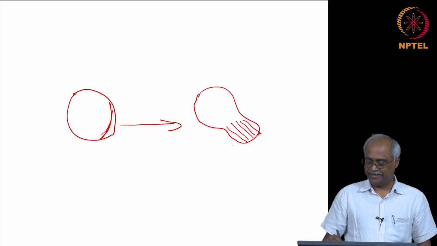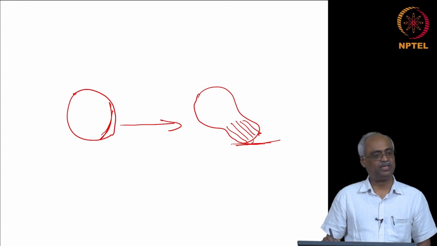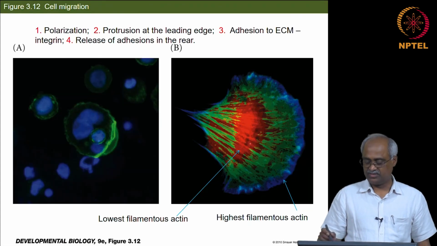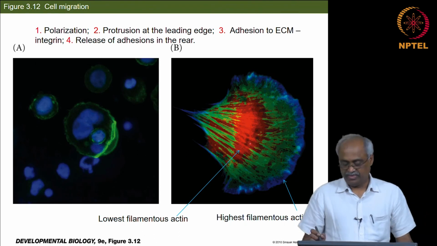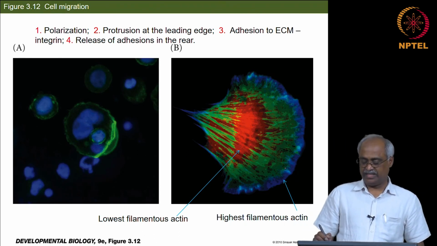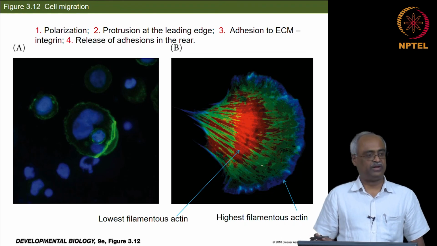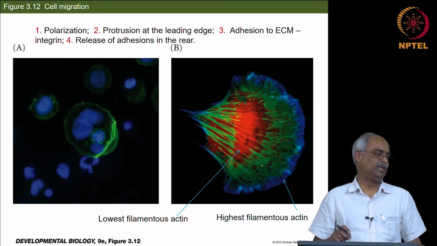And now this gets attachment. So, you produce cadherins and other molecules such that it attaches to the ECM here, and that is what you are seeing in this. In this particular case what they have made is one large structure called a lamellipodia, and sometimes it could be a single filament-like thing which you call filopodia.